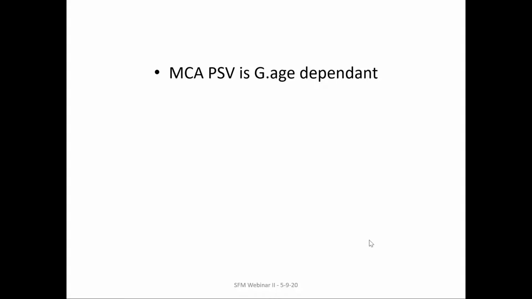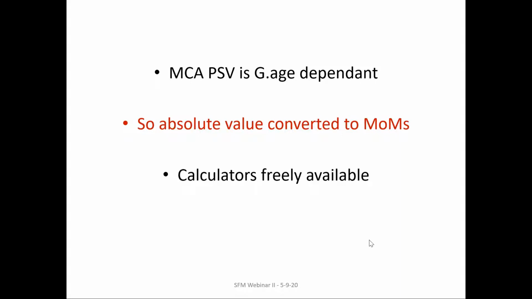Now remember, the MCA PSV is not just dependent on the angle, it's also dependent on the gestational age. Therefore, you need to convert the absolute value of peak systolic velocity into what we call multiples of median, so that you make it independent of the gestational age. Now, calculators are freely available for this.